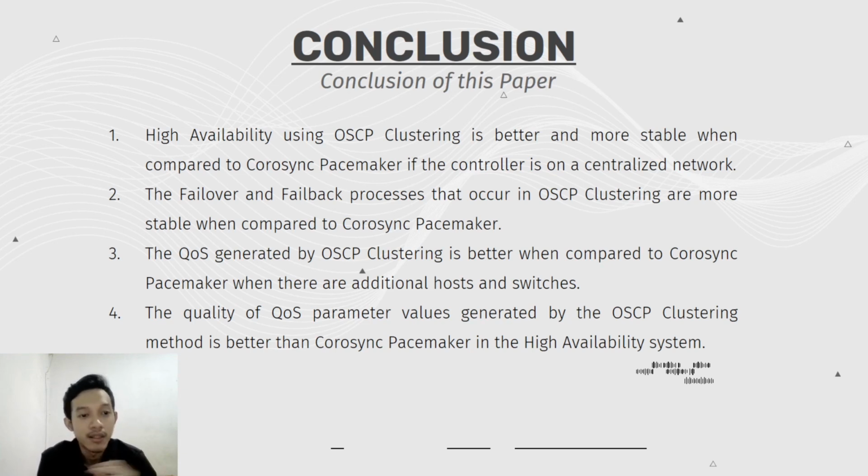Third, the QoS generated by OSGP clustering is better when compared to crossing pacemaker when there are additional hosts and switches. Last, the quality of QoS parameter values generated by the OSGP clustering method is better than crossing pacemaker in the high availability system.